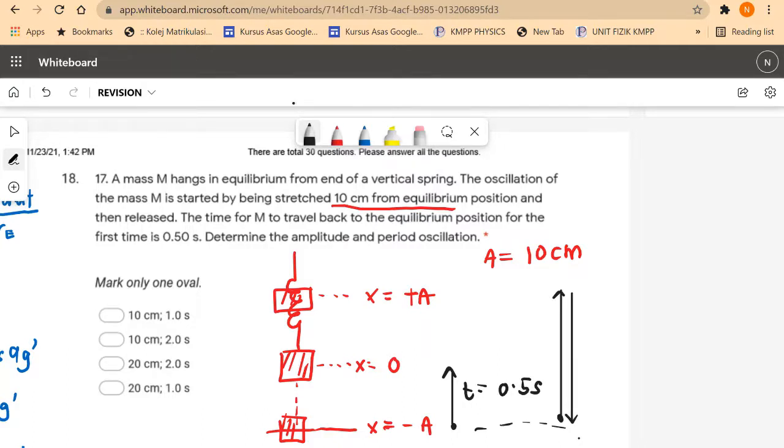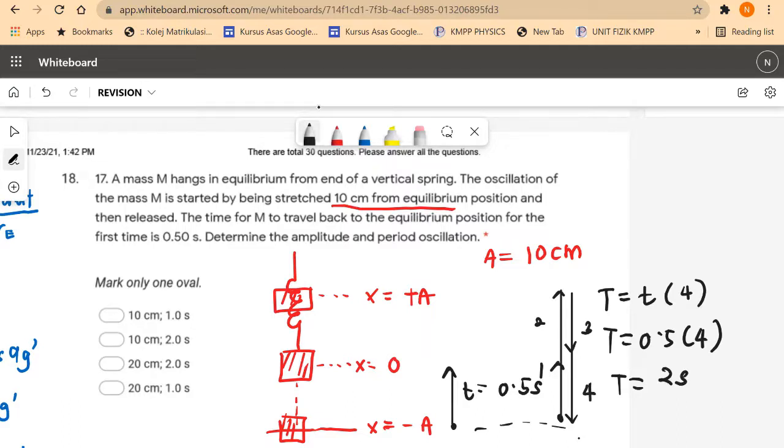So the period of this SHM is the time taken times 4, because we have 4 segments here: 1, 2, 3, 4. So 0.5 times 4 equals 2 seconds.